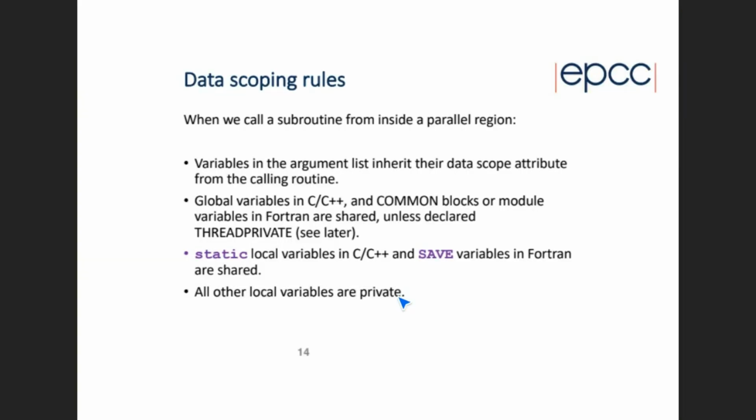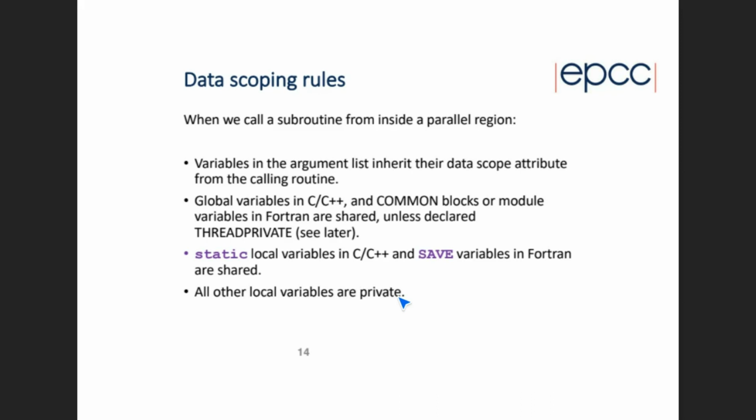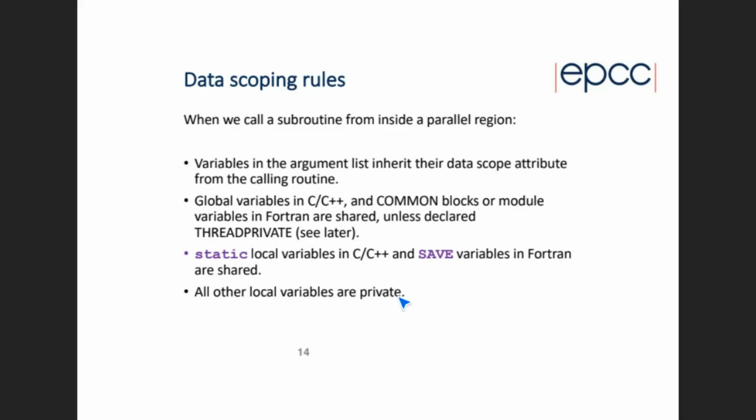Some of these rules might seem a little arbitrary, but they make sense if you understand a little about what's going on under the hood with the way the languages handle data. Data can either live on the heap or on the stack.